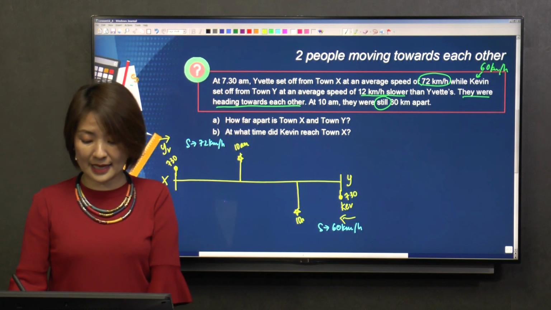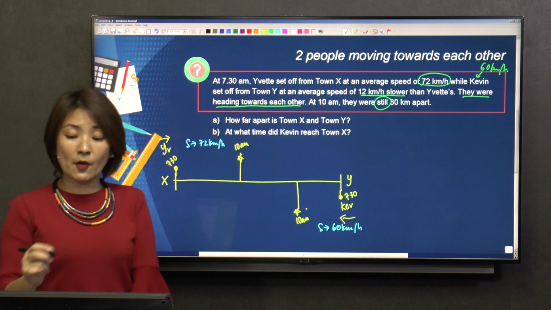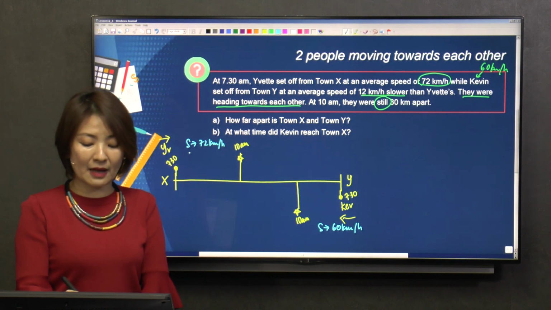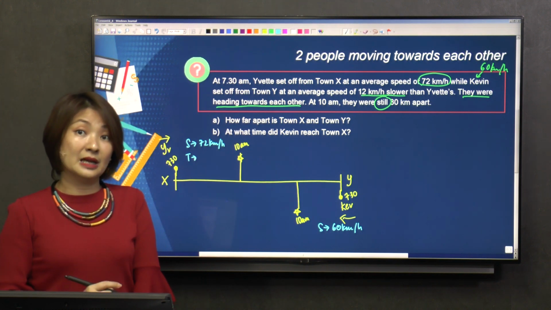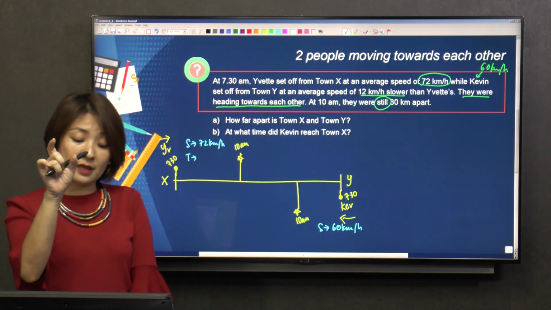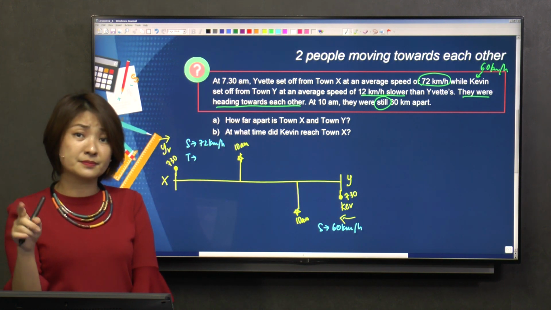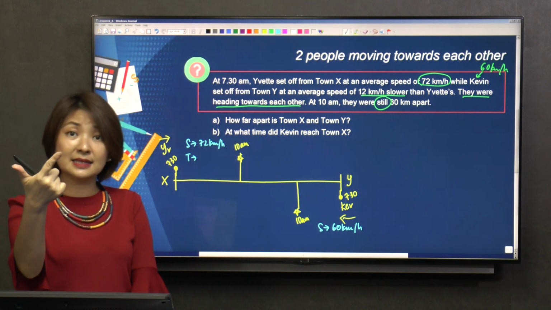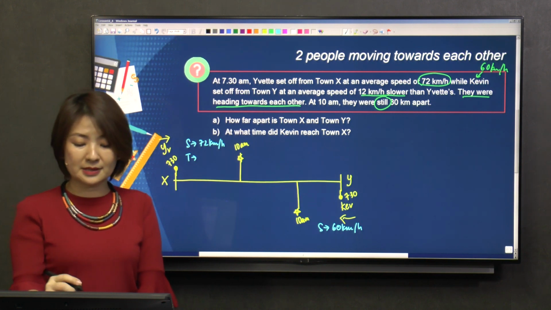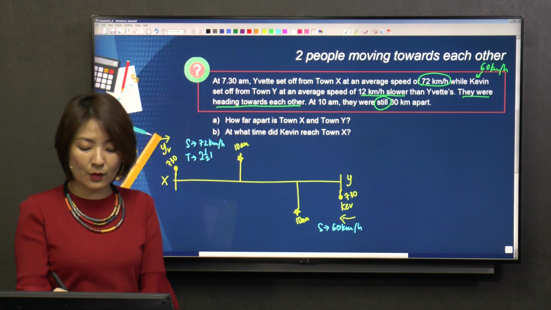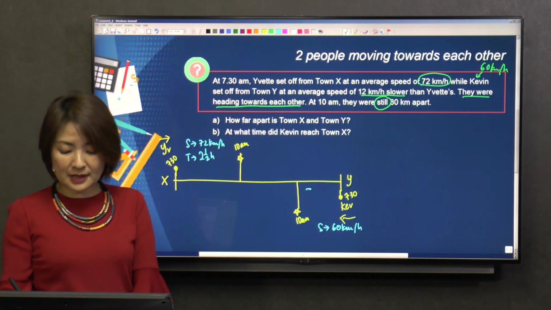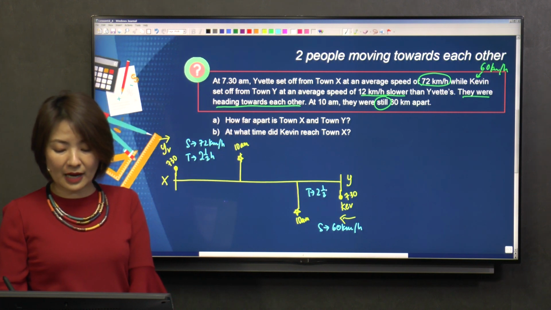It's still 10 a.m. Now, at this point, I usually will want to write the time here. Okay, the duration. Because from 7:30 to 10, it's how long? 8:30, 9:30, 2.5 hours. Okay, so it's 2.5 hours, and the time here is also 2.5 hours.